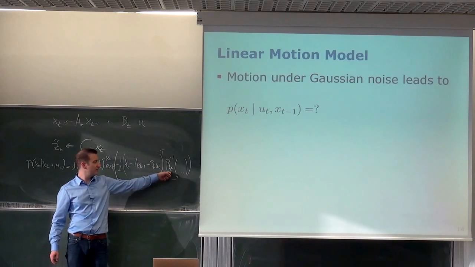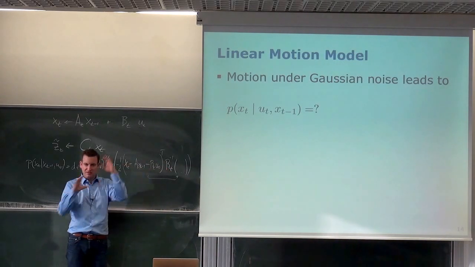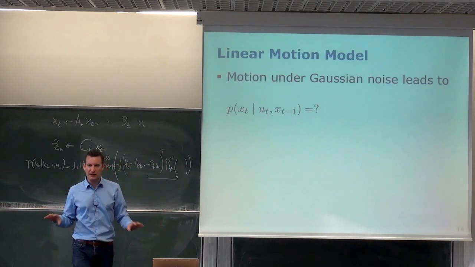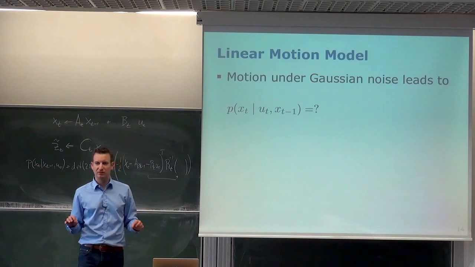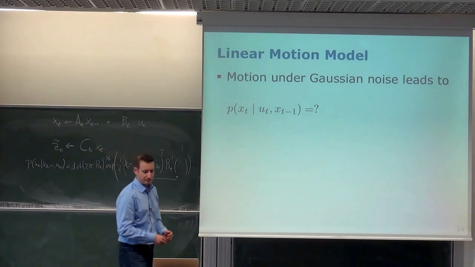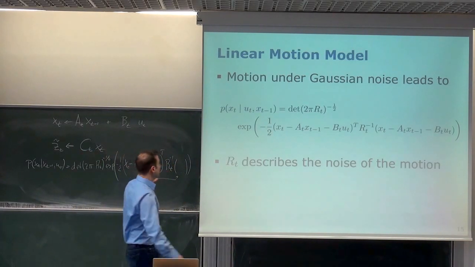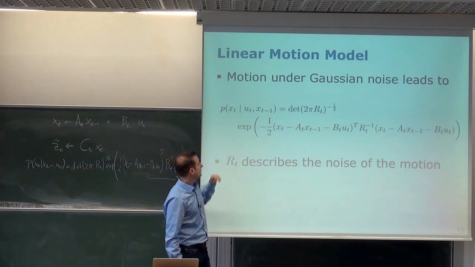So if this goes towards 0, it means I'm perfectly certain about my motion. So this matrix basically is a zero matrix, means I can perfectly execute the motion that I need to execute. Okay? Okay, so this is the equation that we have. Done everything correct? Yes, okay, perfect.